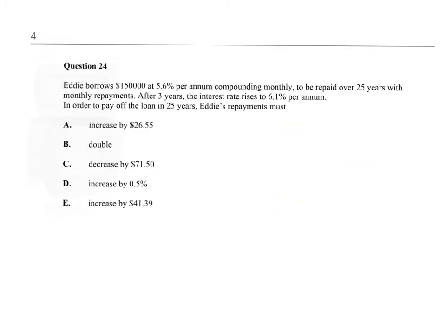Okay, question 24. If Eddie borrows 150,000 at 5.6 per annum, so he's borrowing, so we just make sure that's a PV positive. They've just told me the I, and compounding monthly, PPY is 12.